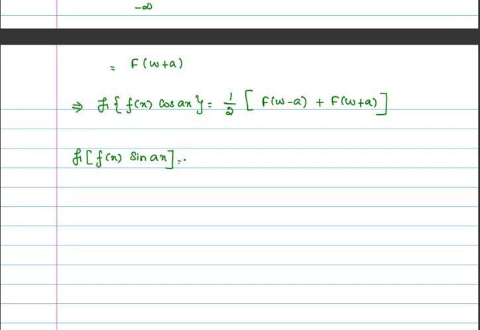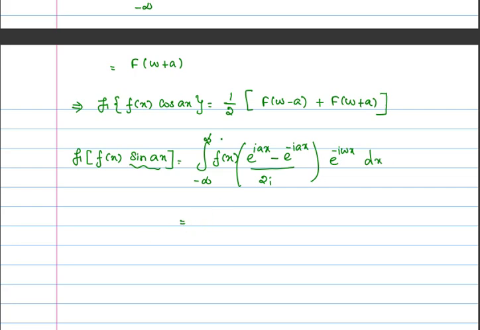The same argument applies: the integral from minus infinity to plus infinity of f(x), where sin ax is (e^{iax} minus e^{-iax}) divided by 2i, times e^{-i omega x}.